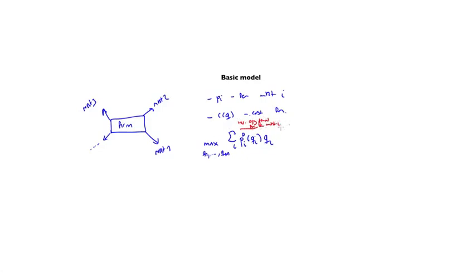So it adds the revenue it gets from the markets, given how the quantity chosen in every market is affecting each price, minus the total cost of production.